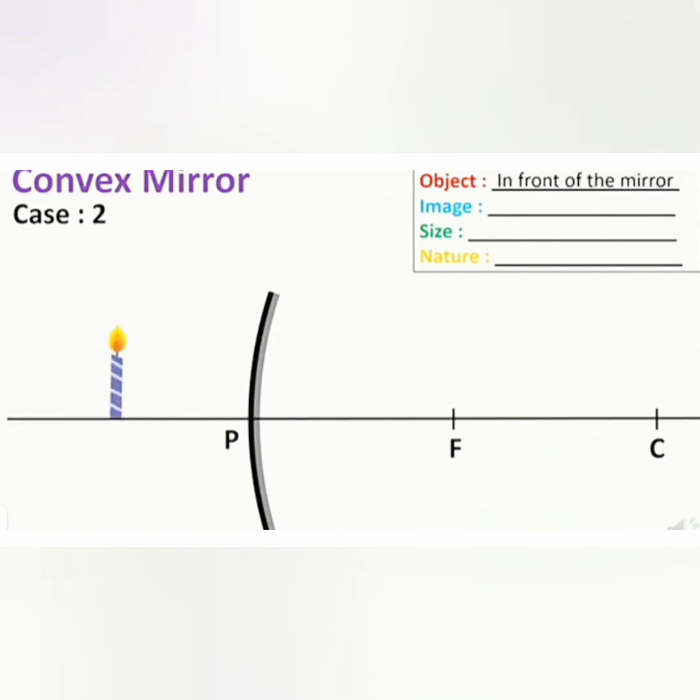In the last case of the convex mirror, the object is in front of the mirror. One light ray falls parallel to the principal axis and it passes through the focus. If I extend it, it will go like this. Another light ray passes obliquely and it will pass through the center of curvature. Again it will be extended behind.